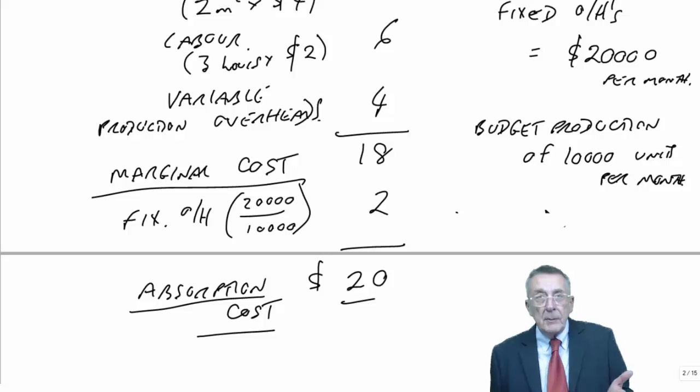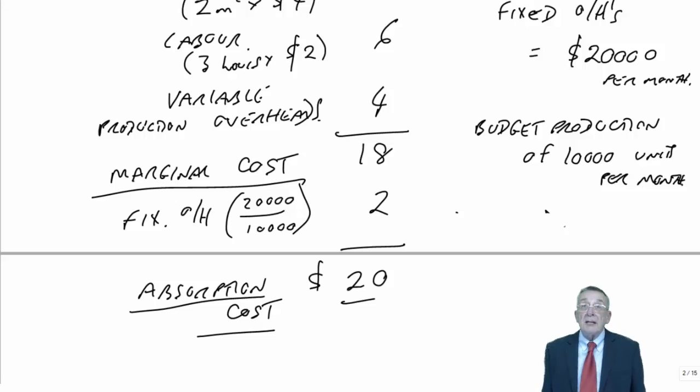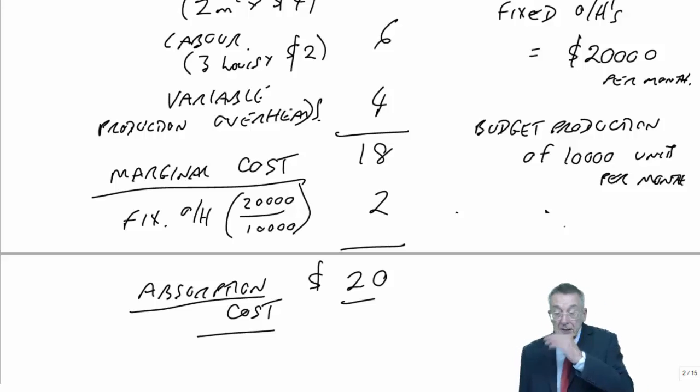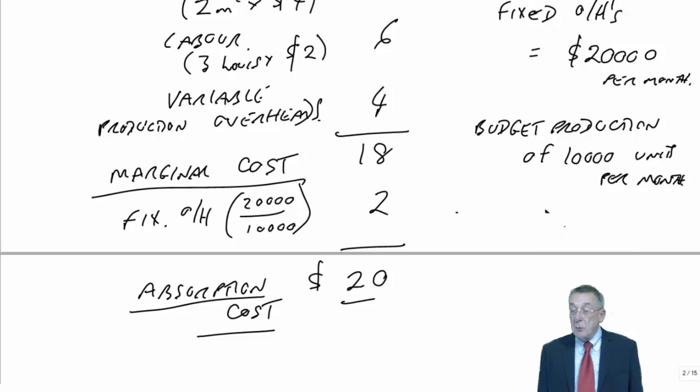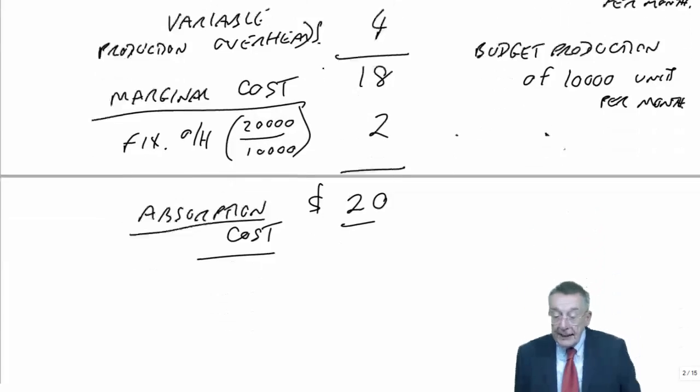If you don't know what I'm talking about, you'll see what I mean in the next chapter. But if there's only one product, no problem. I think it's very obvious. If it's 10,000 units, it's 20,000 fixed overheads. It's $2 a unit. Anyway, that's what we mean.